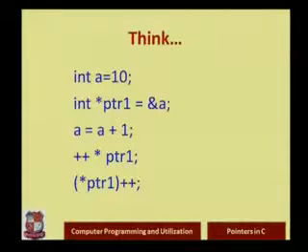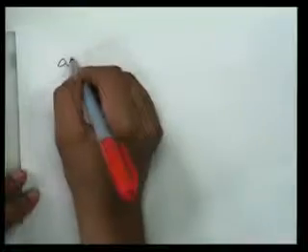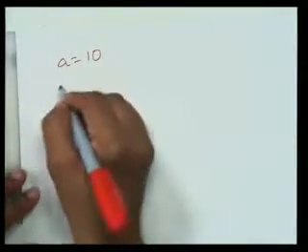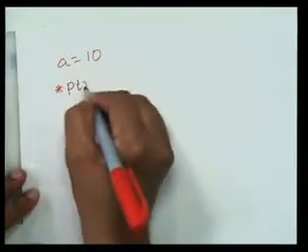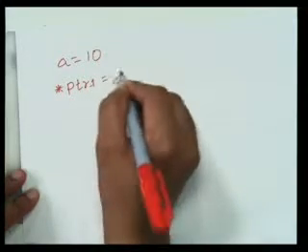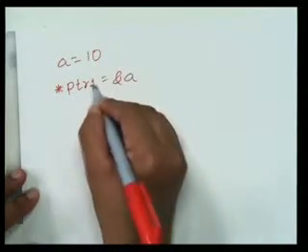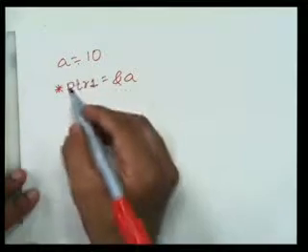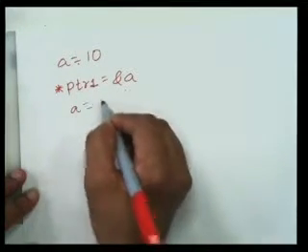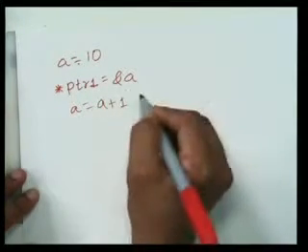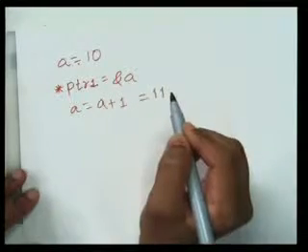Now you can again think of this example. Let us see. I have a equal to 10, *ptr1 equal to &a. So it will get the address of a. Then a equals a plus 1. So the value of a becomes 11, right?